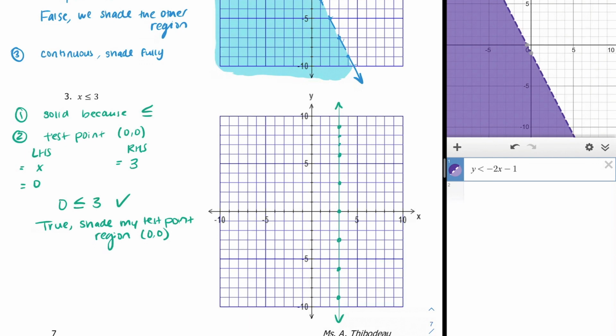We are going to pick a color and shade the region that includes this dot here, so the left-hand side of that vertical line. And here we go, across, doing the best we can.